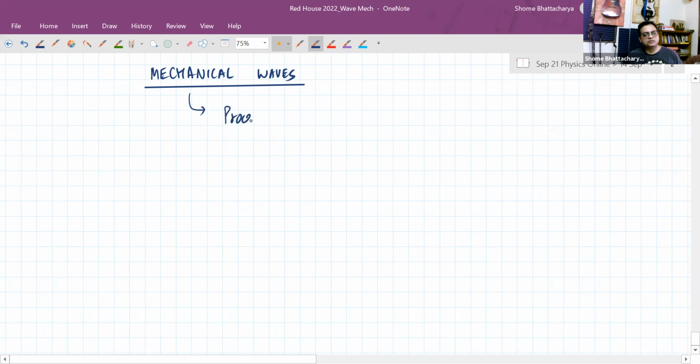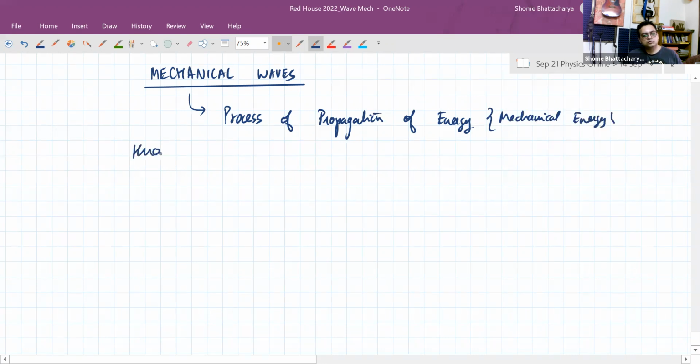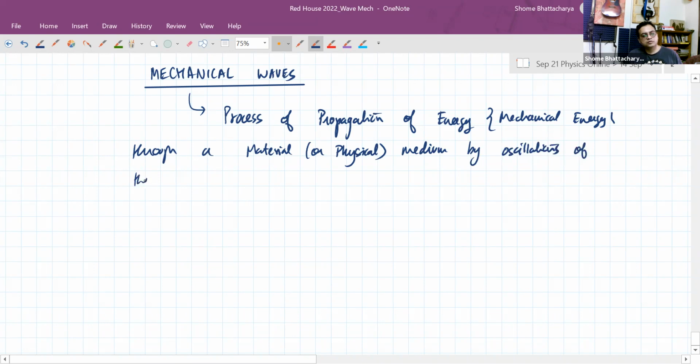So it is a process of propagation of energy, and in this case it is mechanical energy, through a material or physical medium by oscillations of the medium particles, atoms or molecules as may be the case.